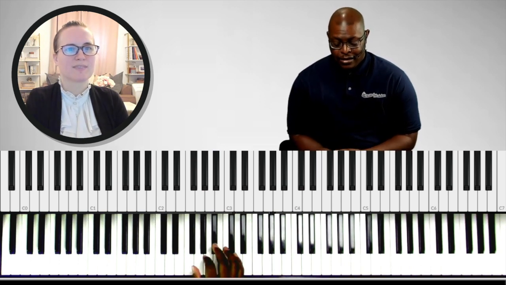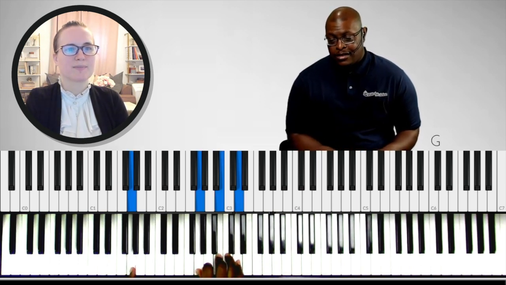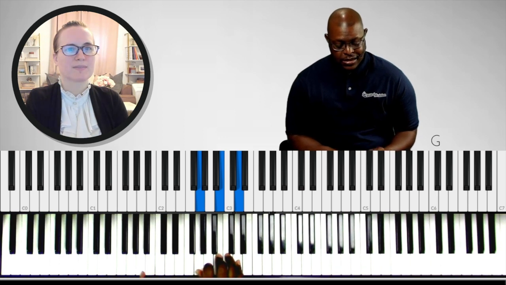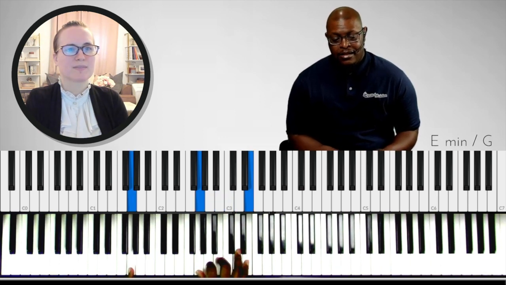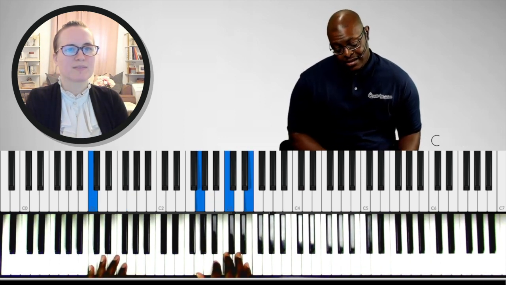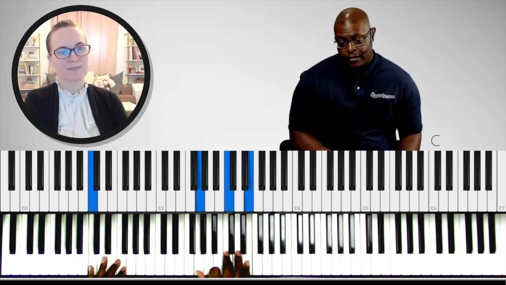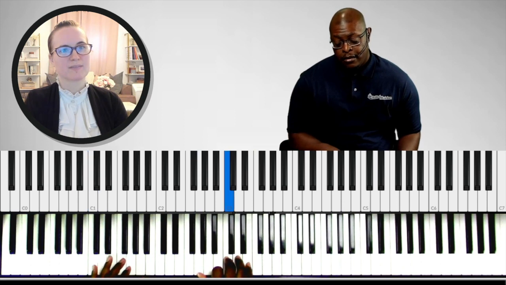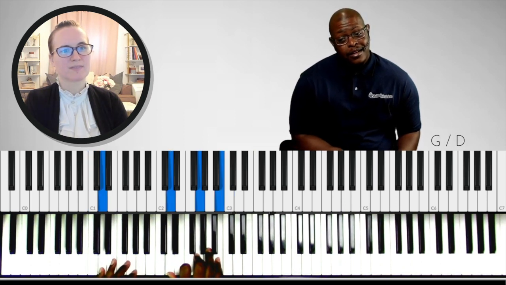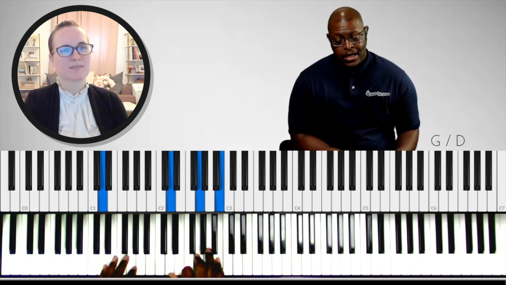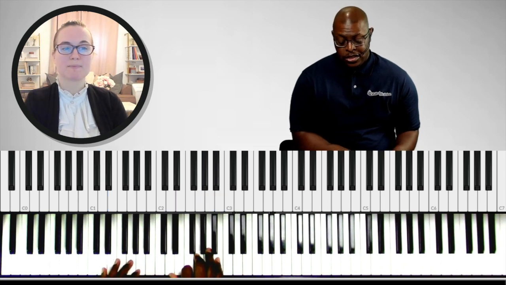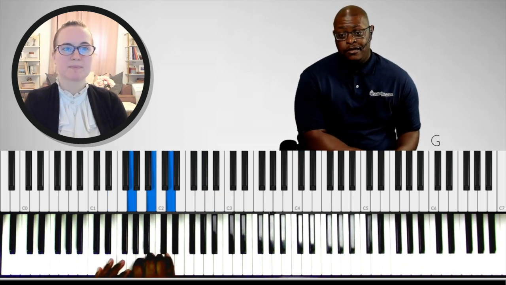And when I'm talking about these positions, I'm simply referring to the right hand, because all of these chords we've played so far have been in root position. Now the melody is E, so I'm going to play it like this with the E on top. Now this is an interesting chord right here. It's G over D. So G in second inversion. So this is actually an inverted chord.